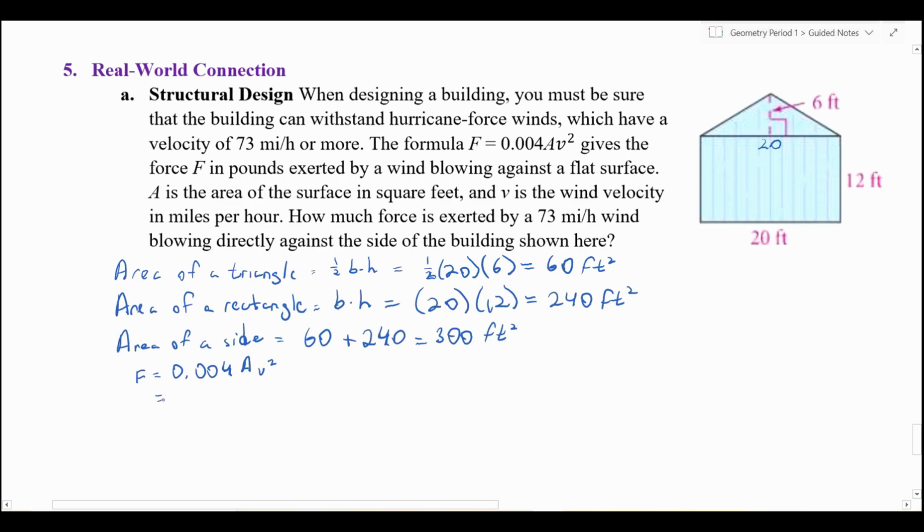So we substitute those, and we get 0.004 times the area we found, which is 300, and then we multiply that by 73 squared. We multiply all those, and we get 6,394.8, and the force is going to be measured in pounds, so this is going to be in pounds.